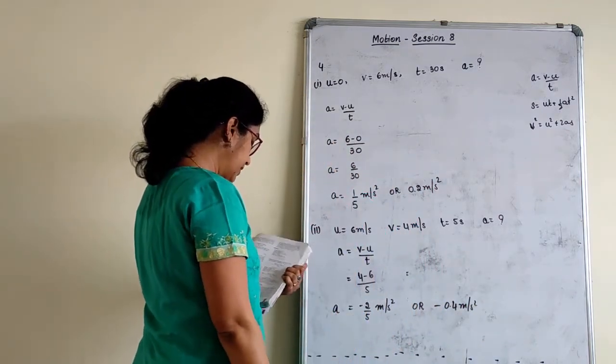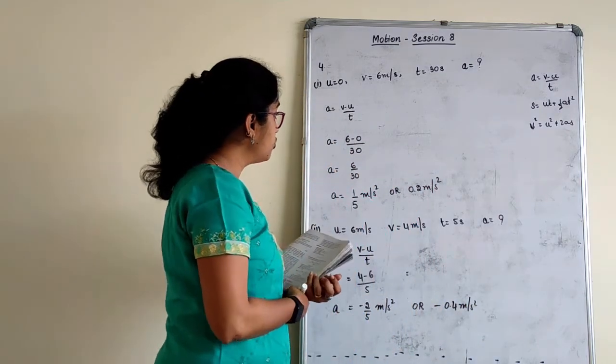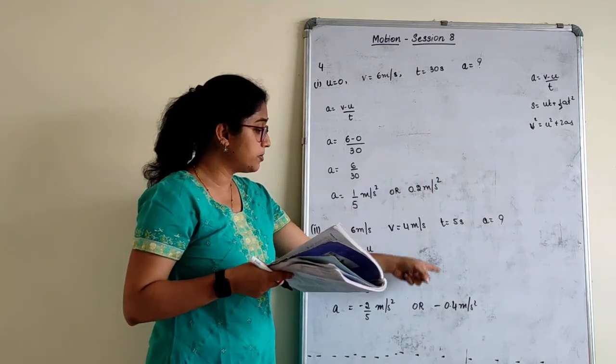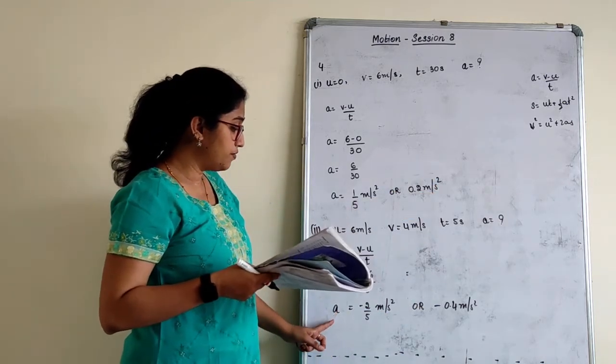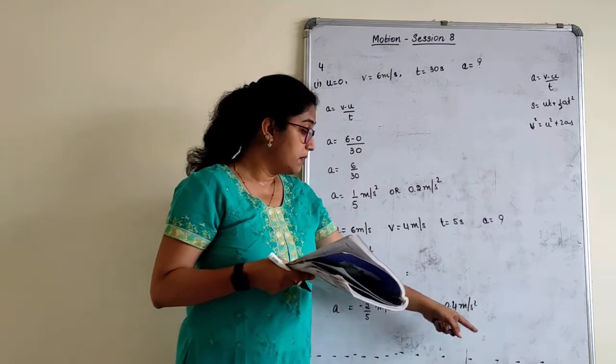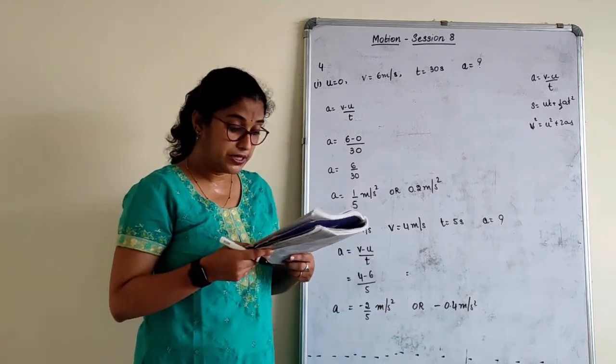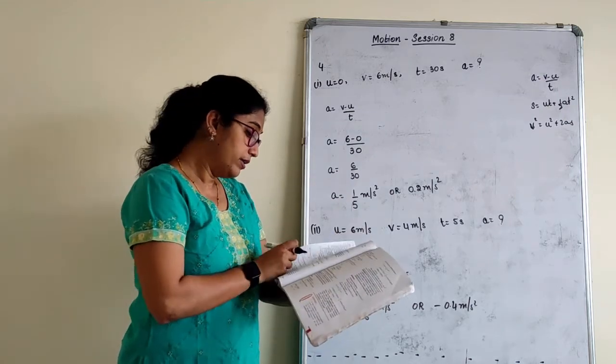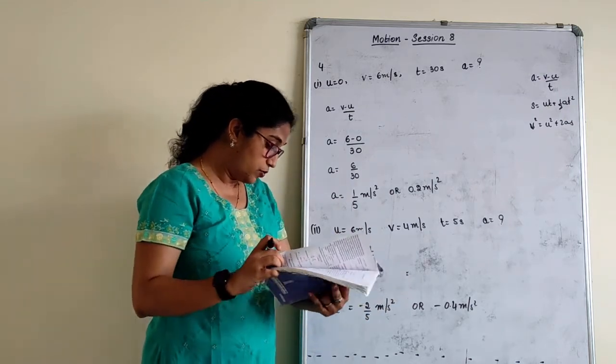Therefore, you can give the conclusion. The acceleration of the bicycle in case 1 is 0.2 meters per second square and acceleration of the bicycle in second case is minus 0.4 meters per second square. Very clear, children? Okay. We'll move to the next one.